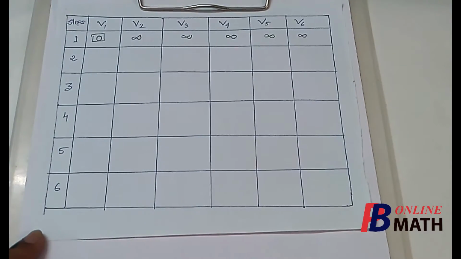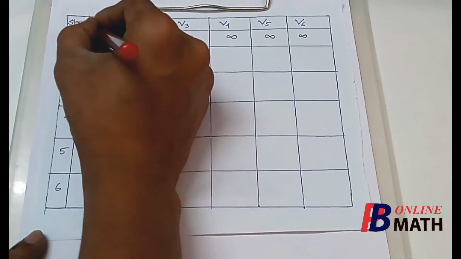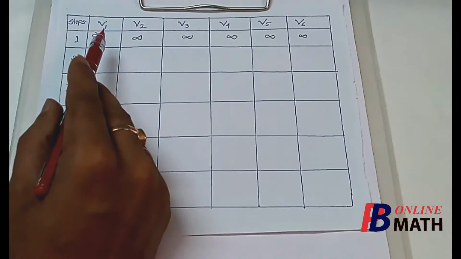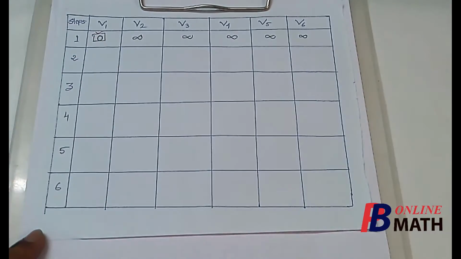In each step, the vertex which will be given the permanent level, we shall put a tick in that level. Since in the first step we have labeled the vertex v1 permanently by 0, we have put a tick here. Now we start step number 2.